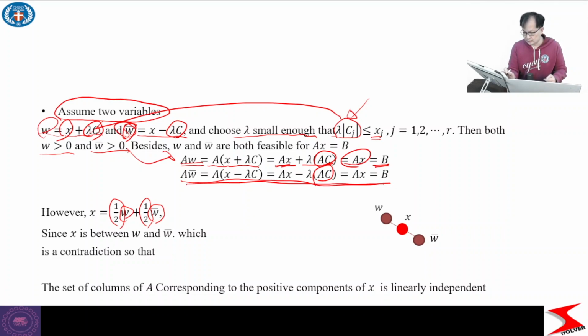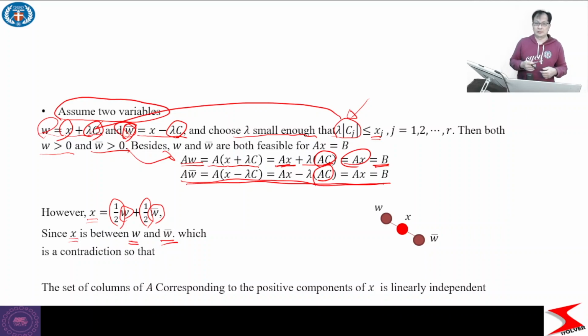So W and W bar do the linear combination for X. That means X is between W and W bar.